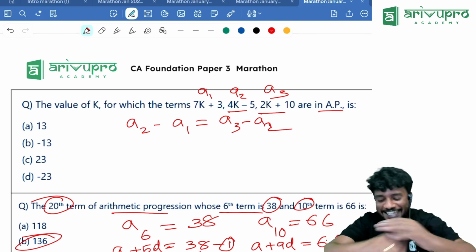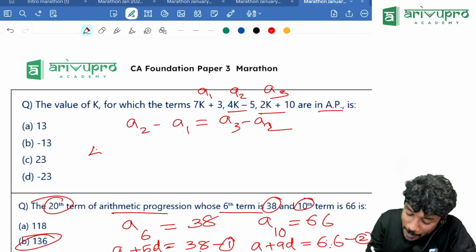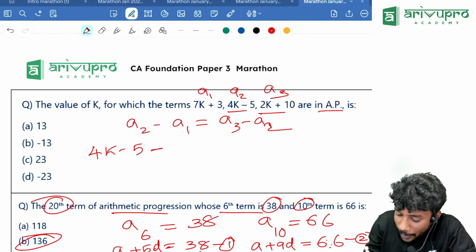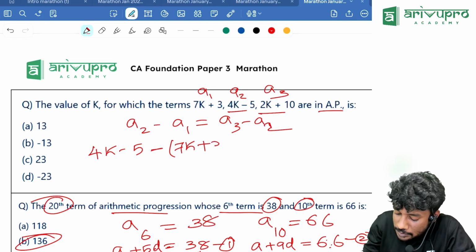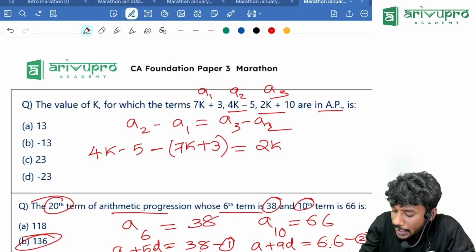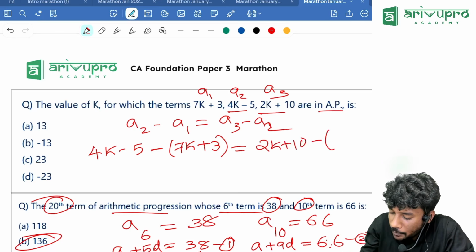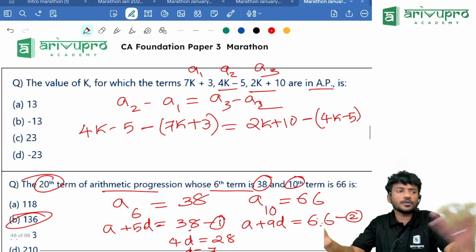A2 minus A1 is how much now? 4K minus 5 minus of 7K plus 3, which is equal to A3, which is 2K plus 10, minus of 4K minus 5. You can just open the bracket and solve for K. You will get the answer.